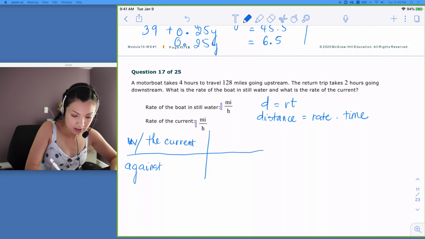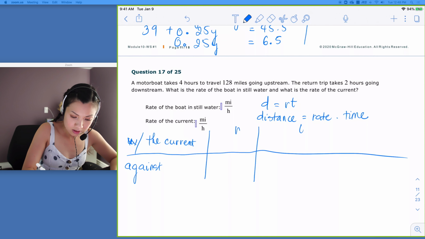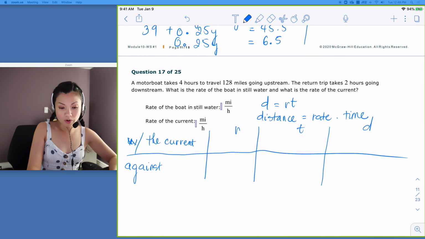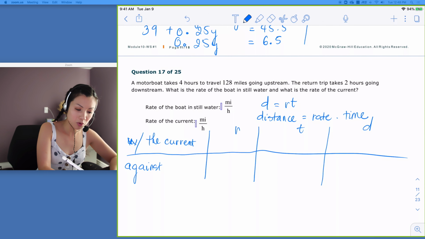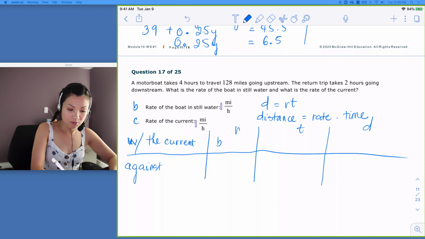And like I said, we need R, T, and D. I'm just going to call the rate of the boat B and the rate of the current C. So with the current is going to be B plus C. Against the current is going to be B minus C.